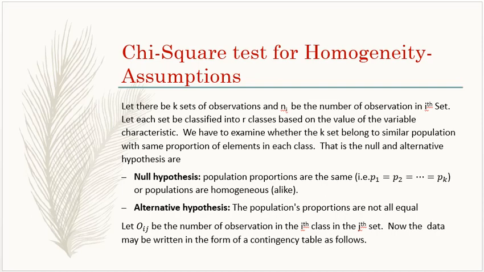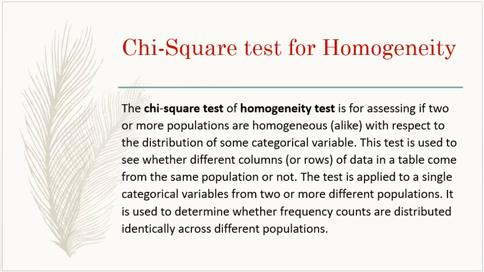We have k populations and we want to check whether P1 equals P2 equals, etc., Pk, or they are not. At least one of them is not equal: Pi not equal to Pk for at least one, maybe more than one, but at least one should not be equal. That is the chi-square test of homogeneity.